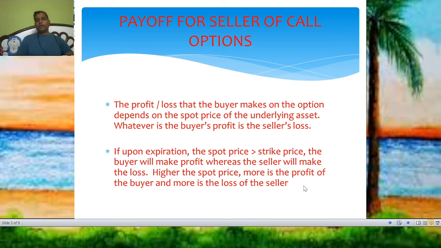So whatever is the buyer's profit is the seller's loss. So if upon expiration the spot price exceeds the strike price, the buyer will make the profit whereas the seller will make the loss. The higher the spot price, the more is the profit for the buyer, whereas more is the loss for the seller.